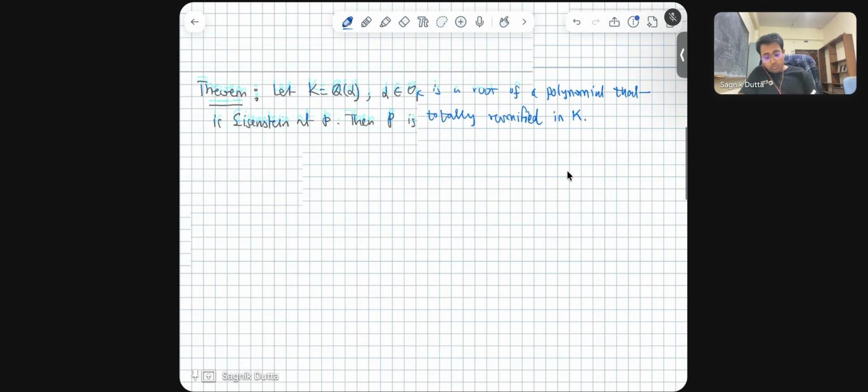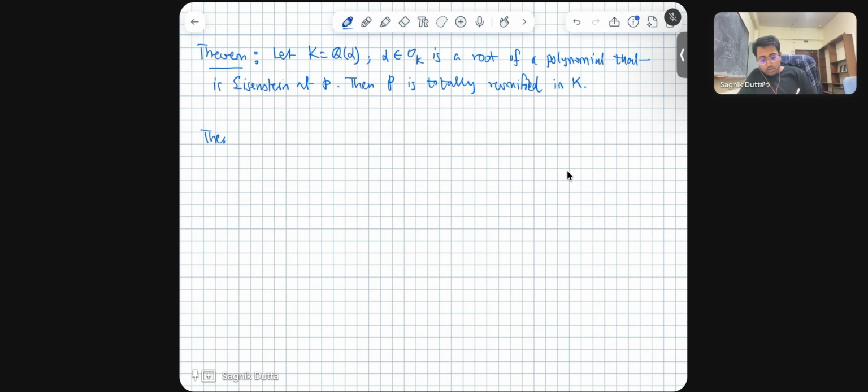And the next theorem basically says the converse. Let k be a number field and prime p be totally ramified in k.